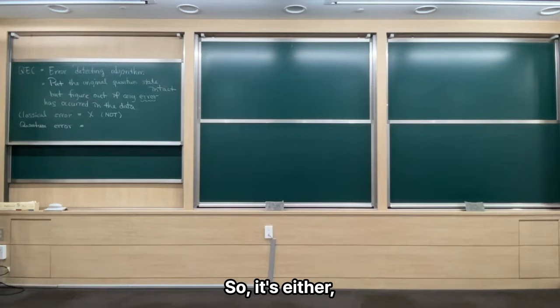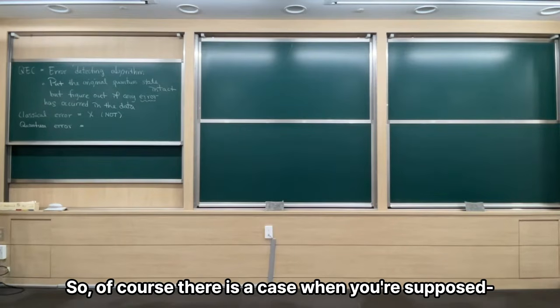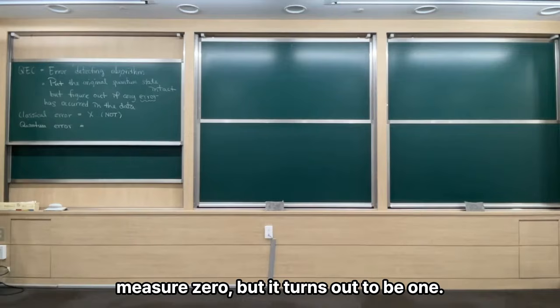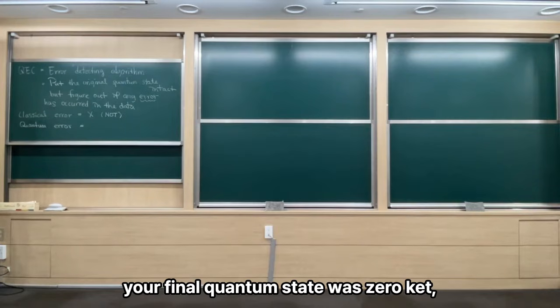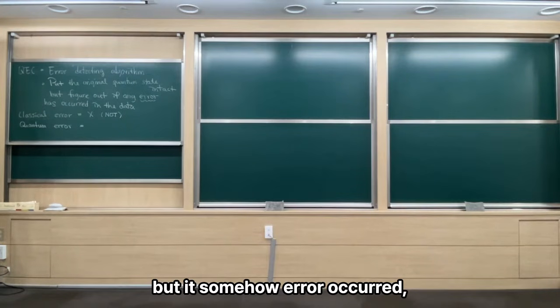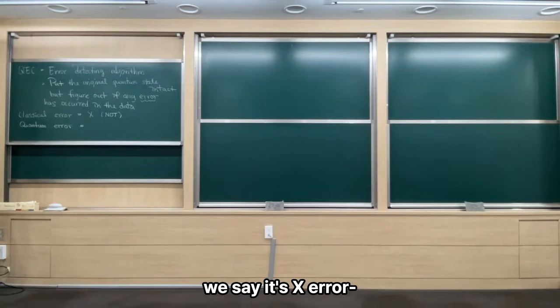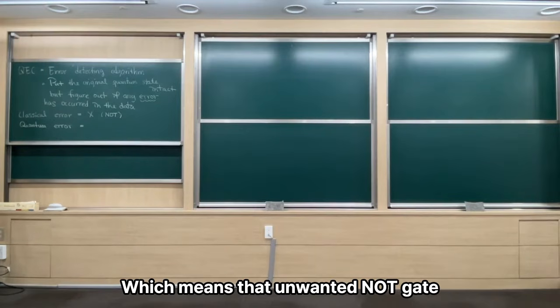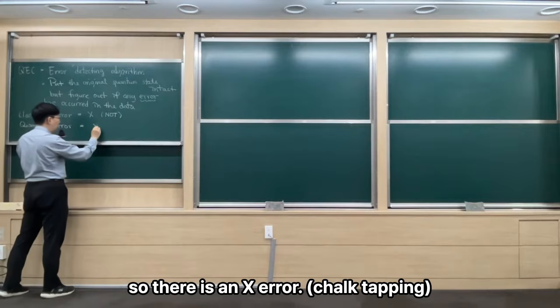So it's either 0 or 1, right? Of course there is a case when you're supposed to measure 0, but it turns out to be 1. That means your final quantum state was ket 0, but somehow an error occurred and it turned into ket 1. In that case, we say it's an X error, which means an unwanted NOT gate has occurred to that quantum state.